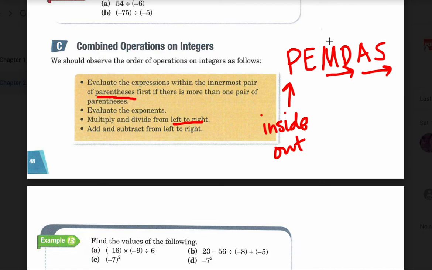Sometimes people think you have to solve the multiplication and then the division, but there are actually these arrows underneath the multiplication and division and the addition and subtraction. And with parentheses, we'll show you some examples where you'll see not just one pair of parentheses, but a bunch, so you have to work inside out. Okay, so P stands for parentheses, E stands for exponents, M is multiplication, D division, A is addition and subtraction.